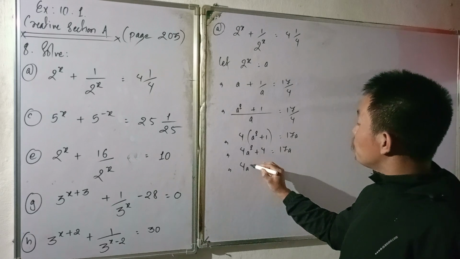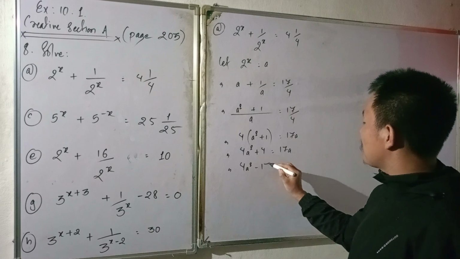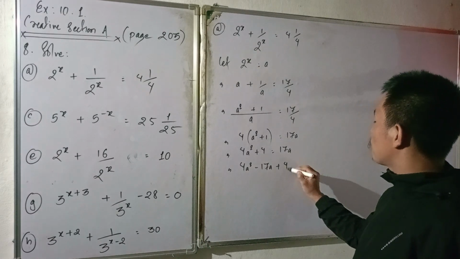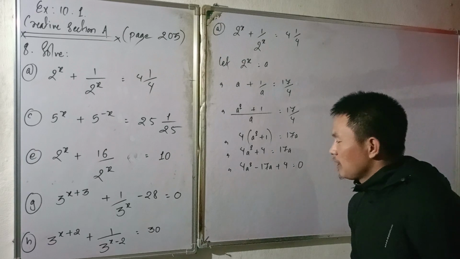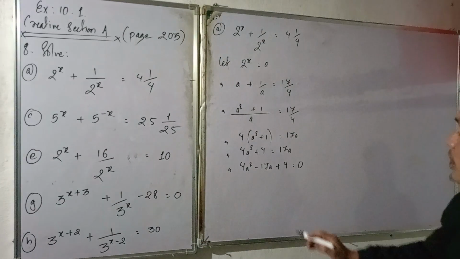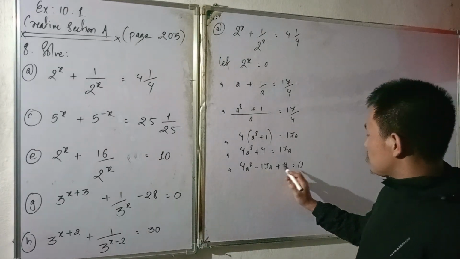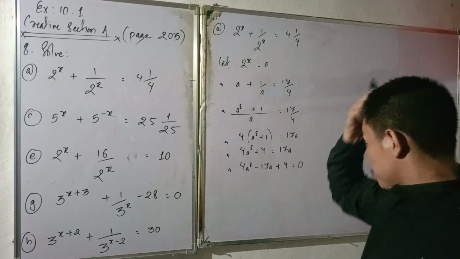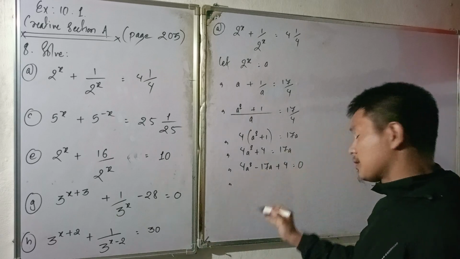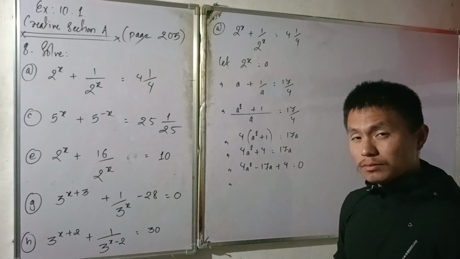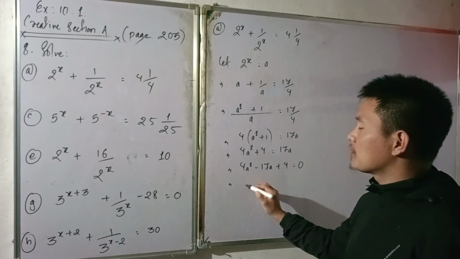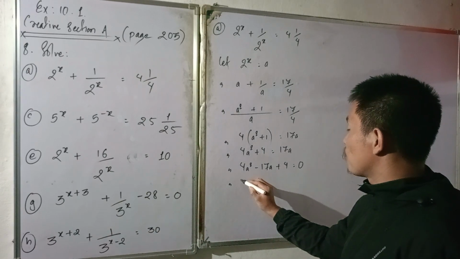Now you move 17a to the right hand side. It will form a quadratic equation in terms of the variable a. Now you just factorize this. 4 times 4 is 16, 16 plus 1, 17.